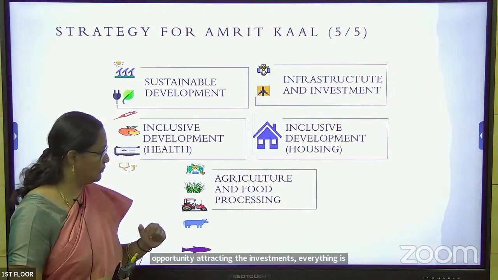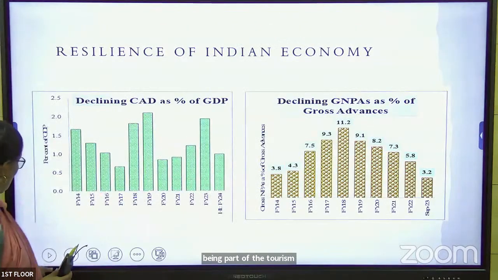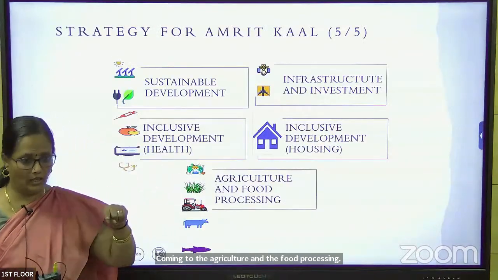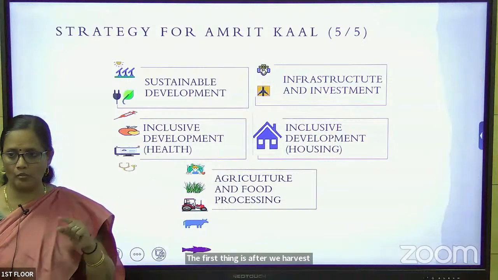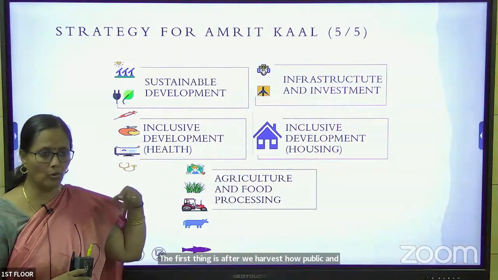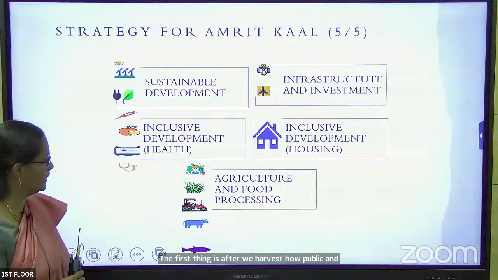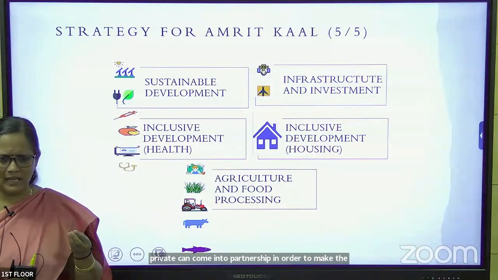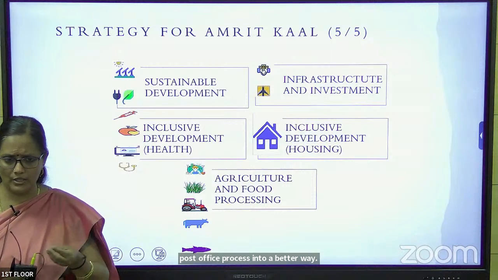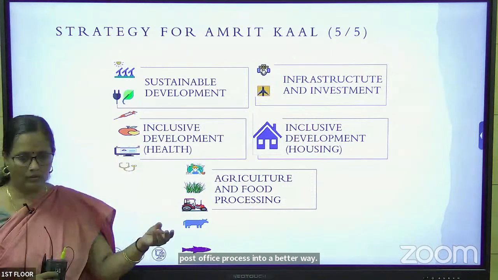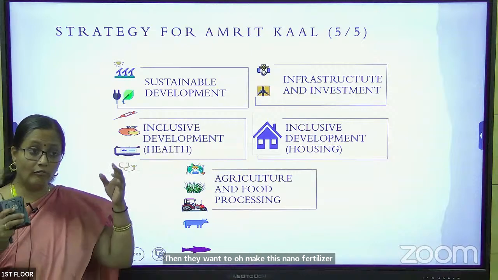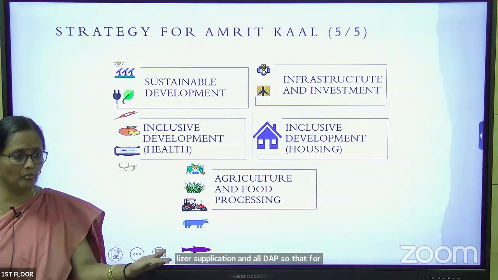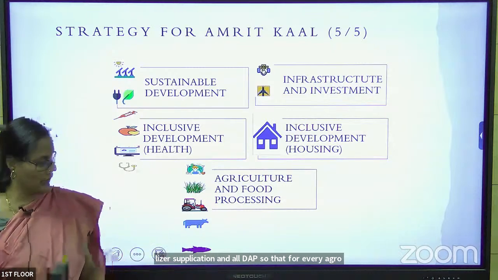Coming to the agriculture and the food processing, the first thing is after the harvest, how public and private can come into partnership in order to make the post-harvest process better. Then they want to make this nano fertilizers application and all, DAP, so that for every agroclimatic zone, the application will become better and the crop production will become better.